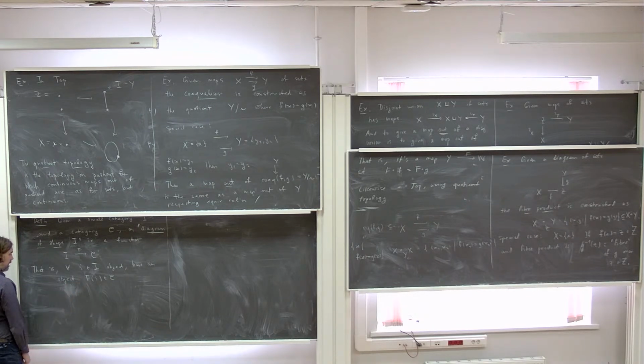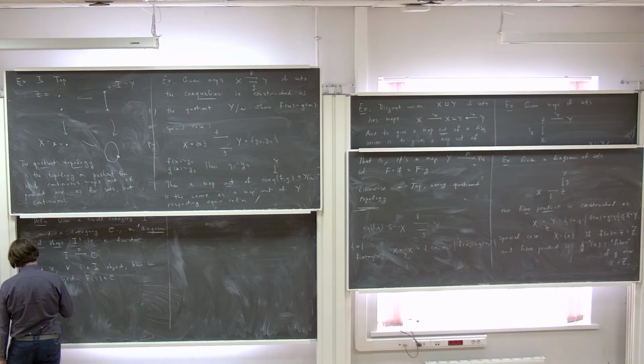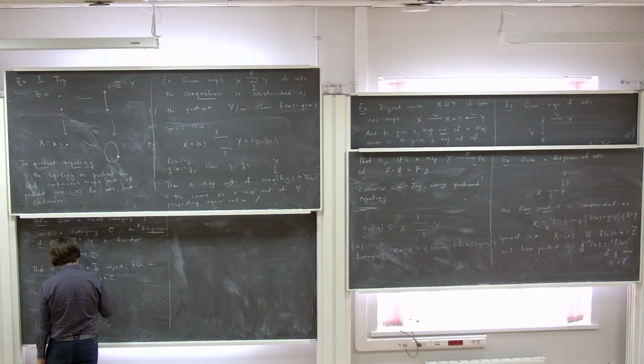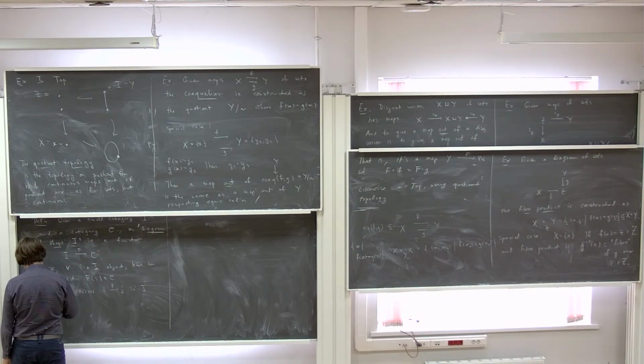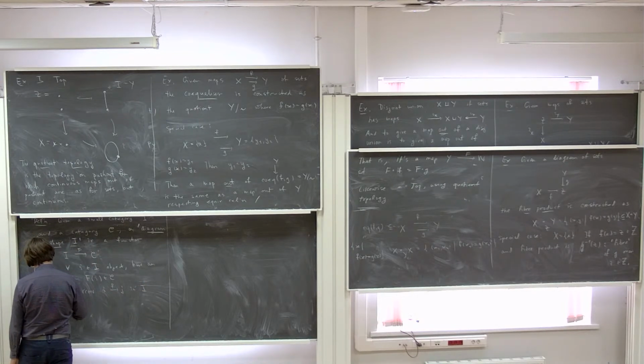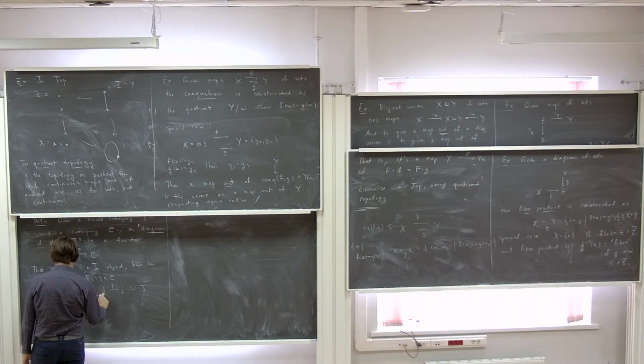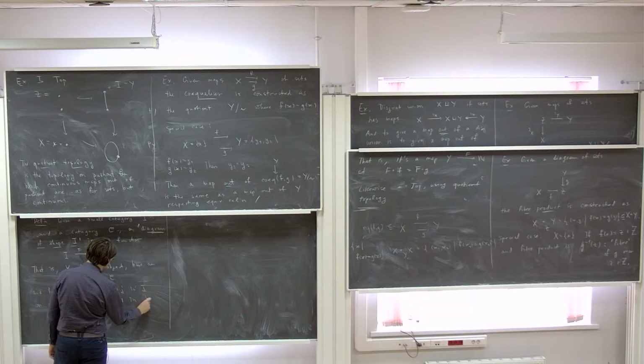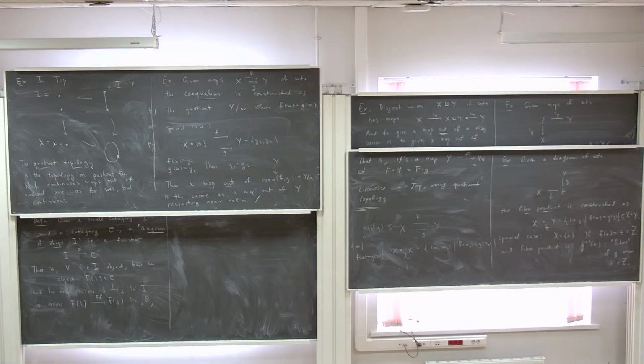So we have an object Fi in C, and for each arrow or map inside I, we get an arrow in C between the image of i and the image of j. And this is compatible with composites and identities because it's a functor.